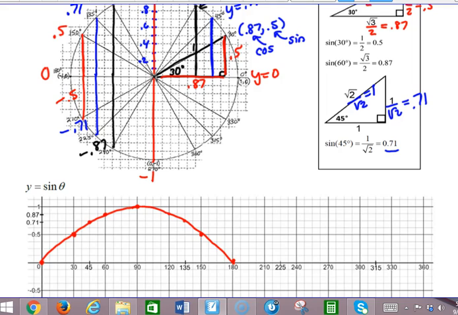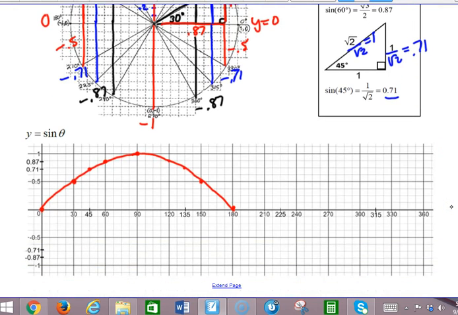And then in quadrant 4, we're going back up. We have another negative 0.87, another negative 0.71, and another negative 0.5, and end up back with y equals 0.